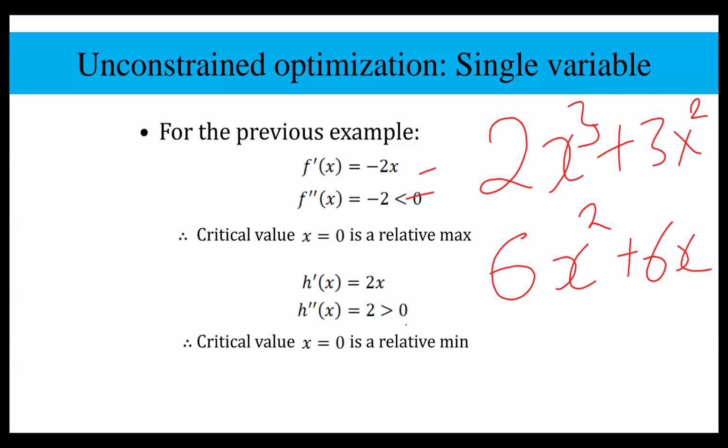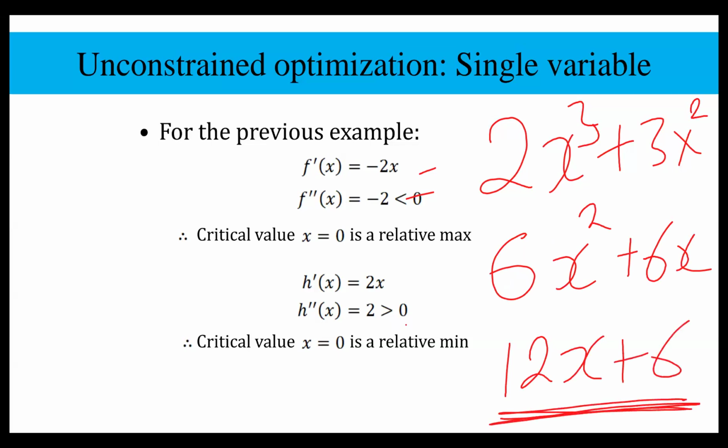Then the second derivative shall be 12x plus 6. How do you know whether it's a maximum or minimum? What do you have to do? Maybe you have to equate it to 0 and then solve for x.